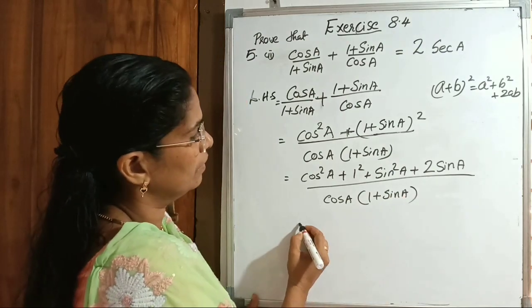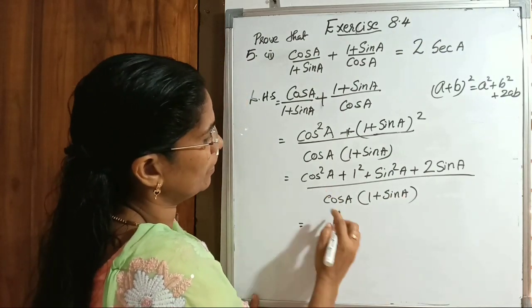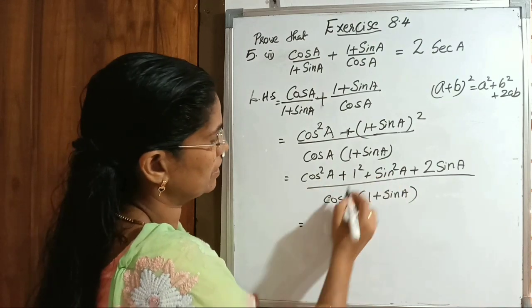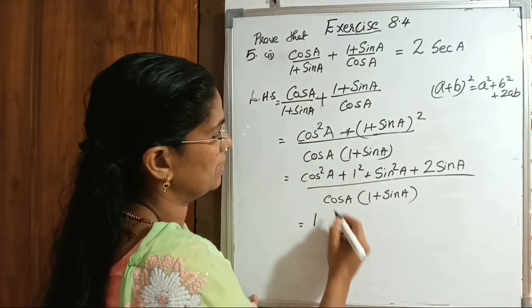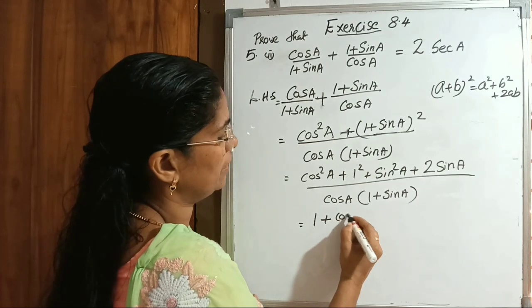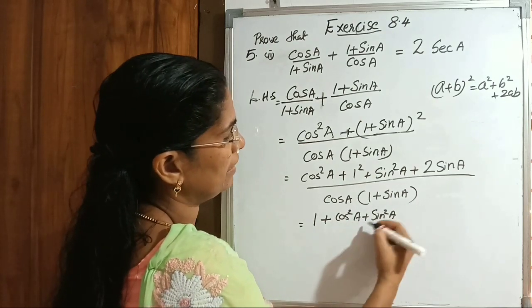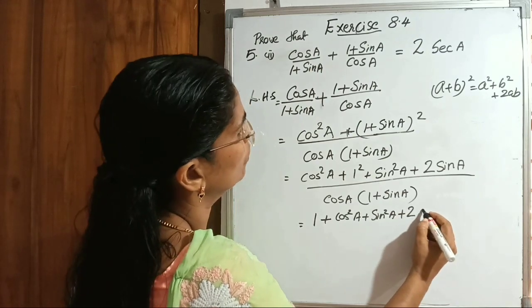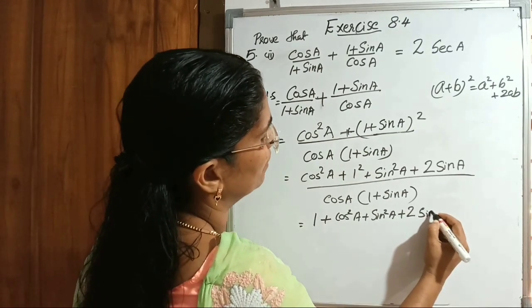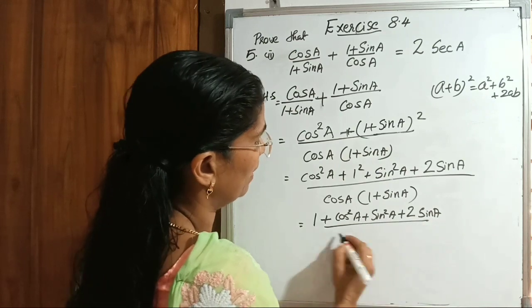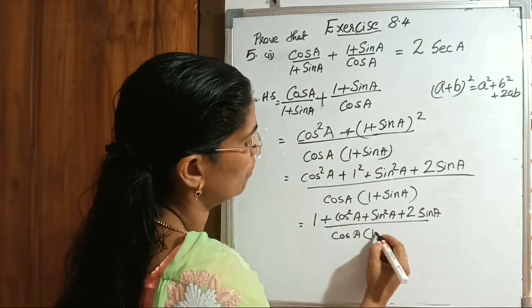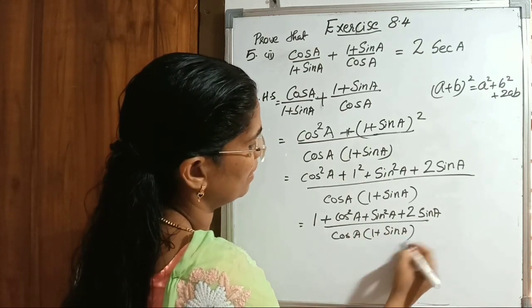Clear this one? Now look here. Sin square a plus cos square a is there. First we can write 1, rearranging, 1 square is 1. Next one is cos square a plus sin square a. We rearrange the terms, 2 sin a whole divided by cos a into 1 plus sin a.